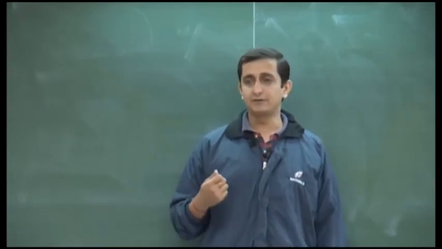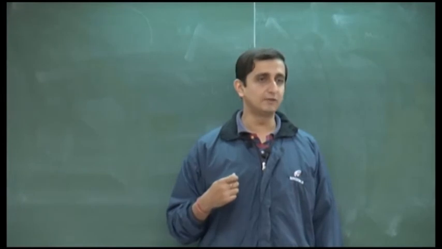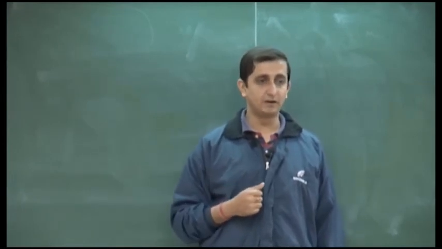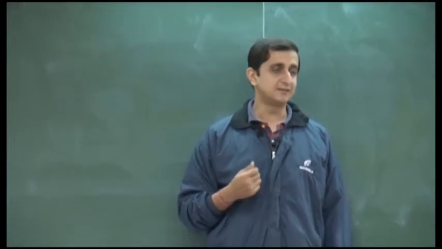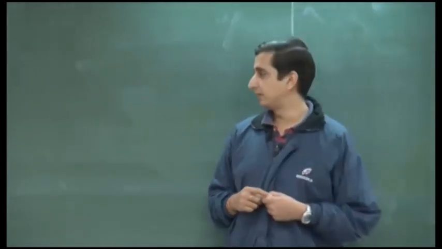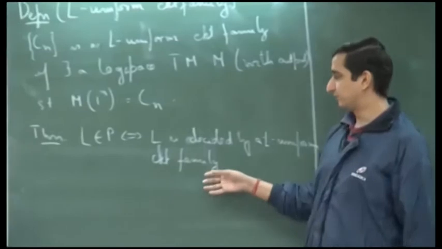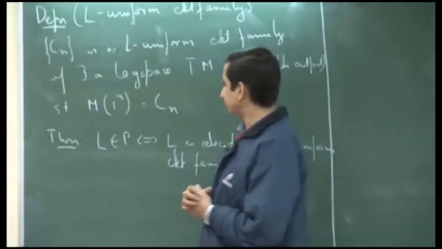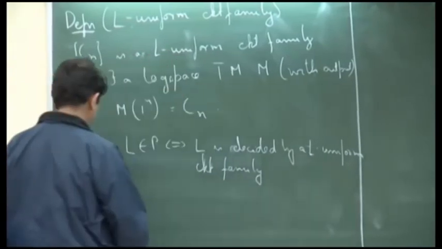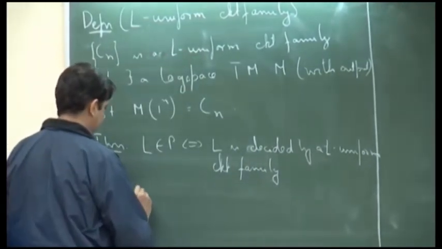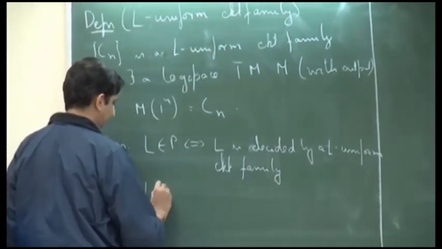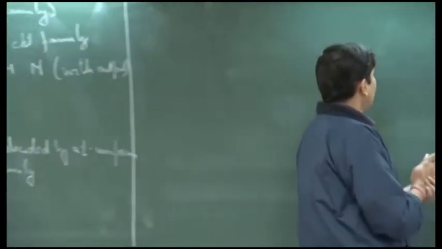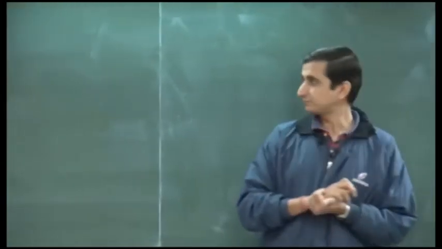So, at any point of time you are not storing more than a logarithmic number of bits in your work tape. So, that is the observation one needs to make to prove this theorem. I will leave that, you can verify that yourself. But that is the essential idea.